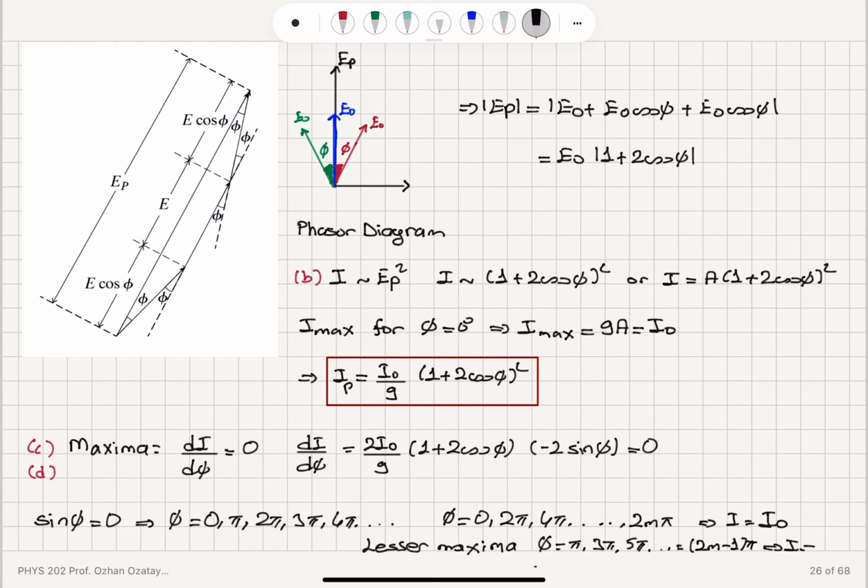When phi is equal to pi, we have minus 1 multiplied by 2, that gives us minus 2. 1 minus 2 is minus 1, squared gives us 1, so I0 over 9. So the secondary maxima will have an intensity I0 divided by 9. So this will be our lesser maxima. All right.